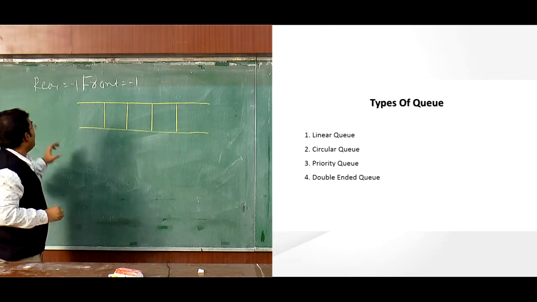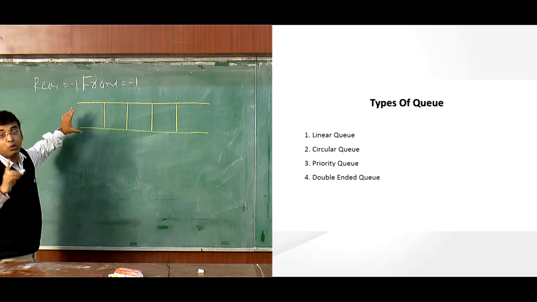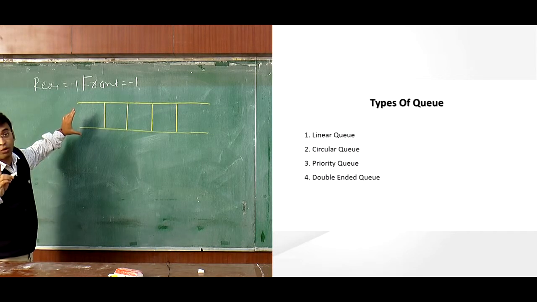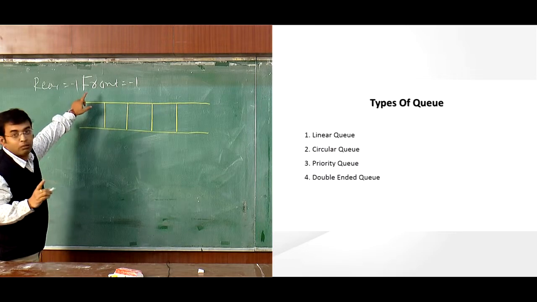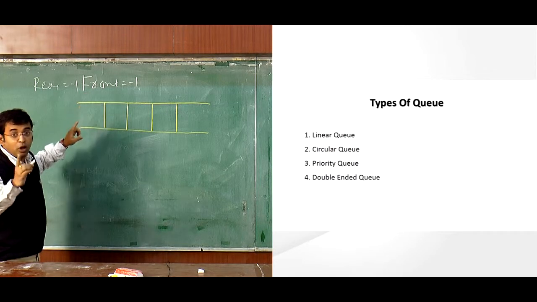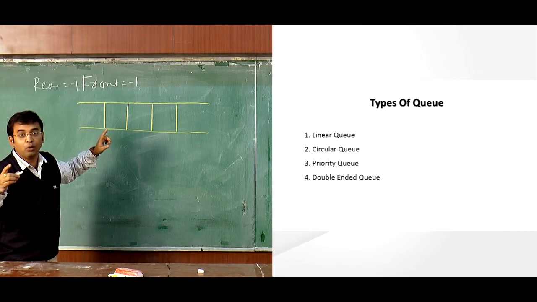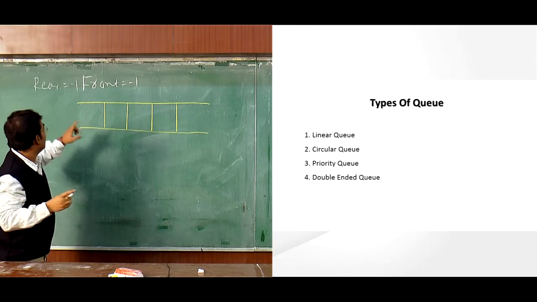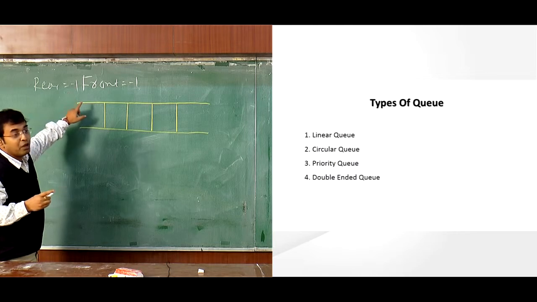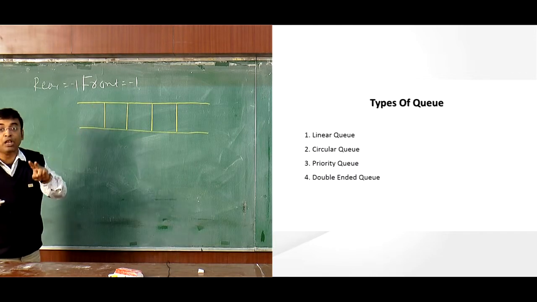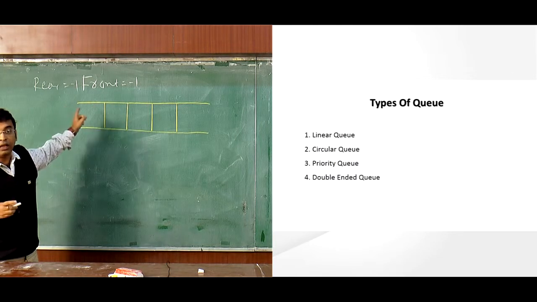Whenever we insert the first element in the queue, we have to increment both front and rear, not just one. I told you earlier, insertion is done through the rear and deletion is done through the front. So whenever we insert the first element into the queue, you have to increment both pointers, the front and rear.